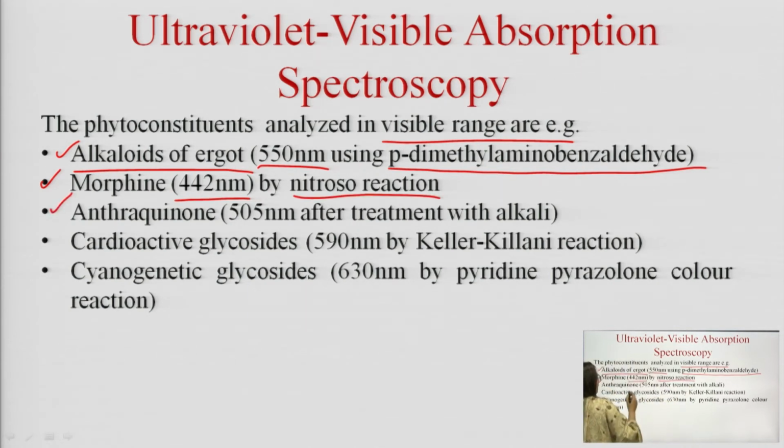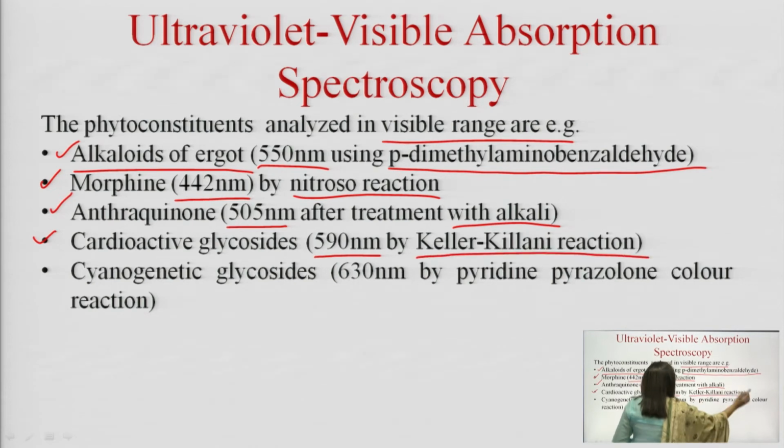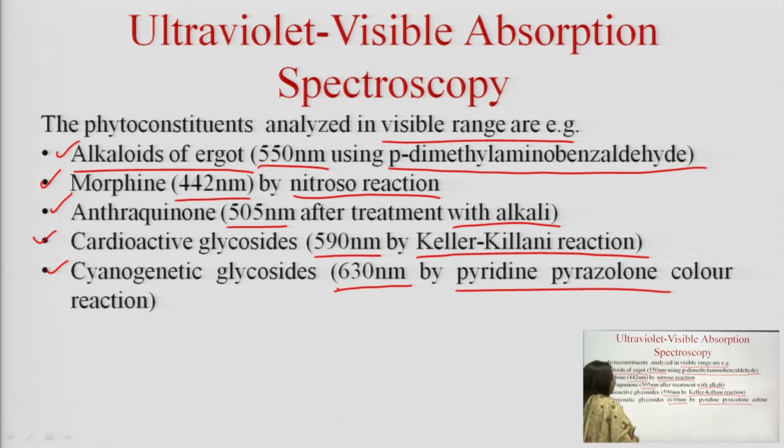Anthraquinones will have lambda max at 505 nm after the treatment with alkali. Cardiac glycosides will show the absorption lambda max at 590 nm by the Keller-Kiliani reaction. Then cyanogenetic alkaloids will show the lambda max at 630 nm by pyridine pyrazolone color reaction.